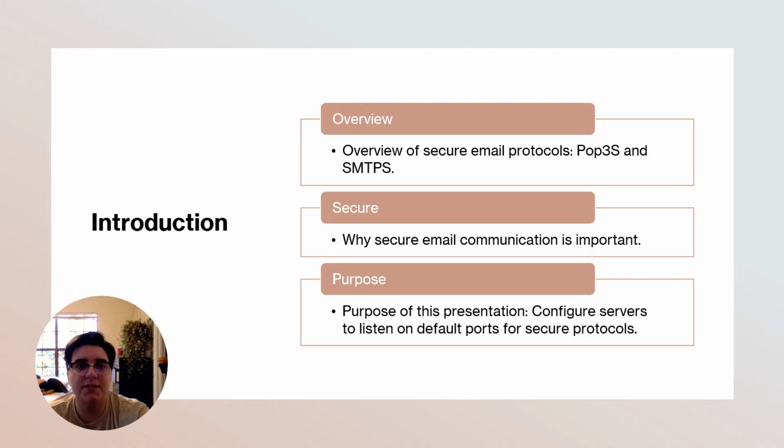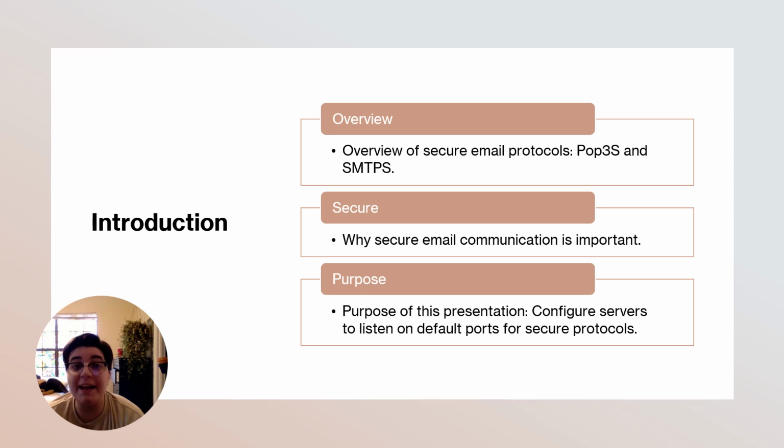First, let's talk about the importance of secure email communication. Email is still one of the most widely used forms of communication and often carries sensitive data, things like personal information, login credentials, business contracts, you name it. The problem is, without encryption, traditional email protocols like POP3 and SMTP transmit data in plain text.